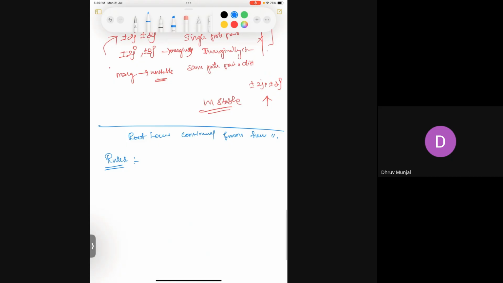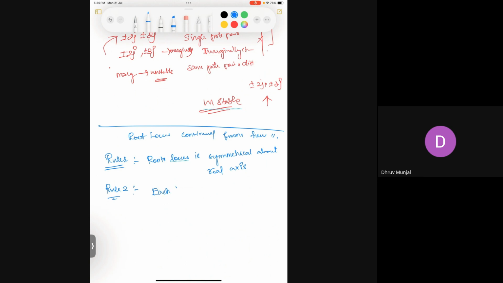First rule is that the root locus is symmetrical about the real axis. It may or may not be symmetrical about the imaginary axis, but the root locus is always symmetrical about the real axis.